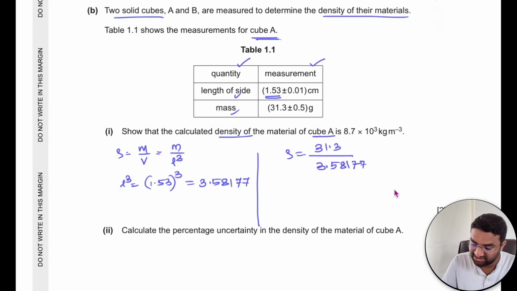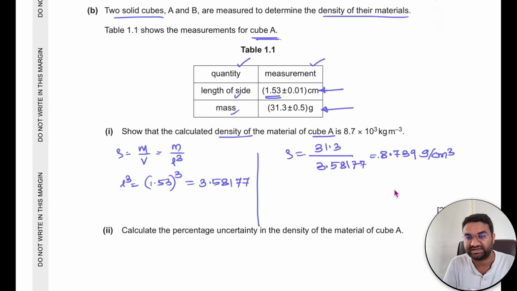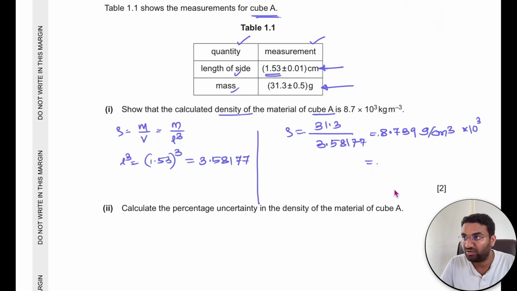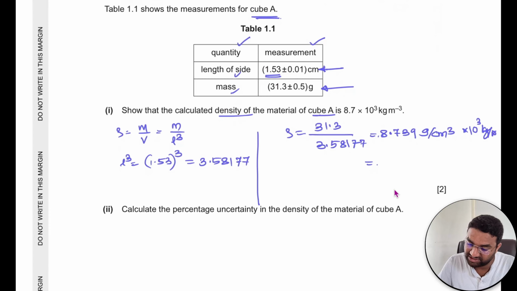Here mass is in gram and we have to take it in kilogram, and this is in centimeter length, so we have to take it in meter. Whatever calculation we get is basically 8.739 gram per centimeter cube, and here you just have to multiply by 10 to the power of 3 to get it in the form of kg per meter cube.